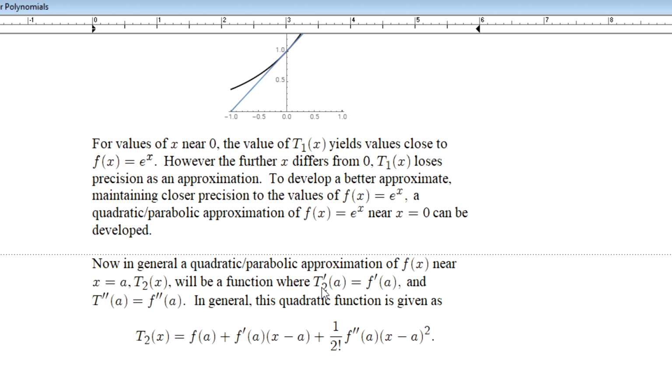This first approximation is equal to that, and T sub 2, our second approximation at the value of a, is equal to the second derivative of f at a.